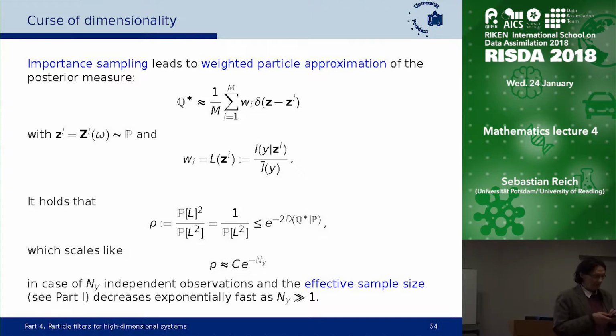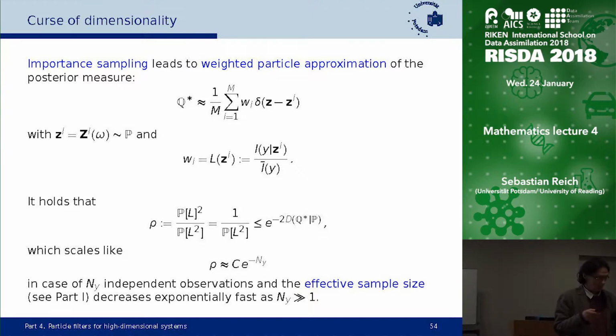And then Kullback-Leibler takes the log of this. If you have a product, that becomes a sum, so the Kullback-Leibler divergence sums up. You basically get the Kullback-Leibler divergence for one single Lorentz 63 system, but then 100 times. So you multiply by 100. And this gives you a feeling why this scales exponentially in the dimension, right?